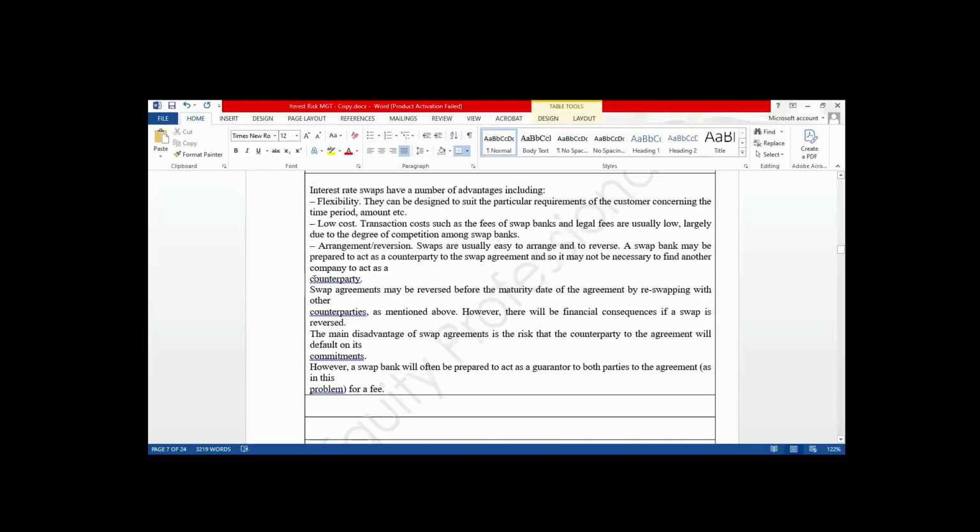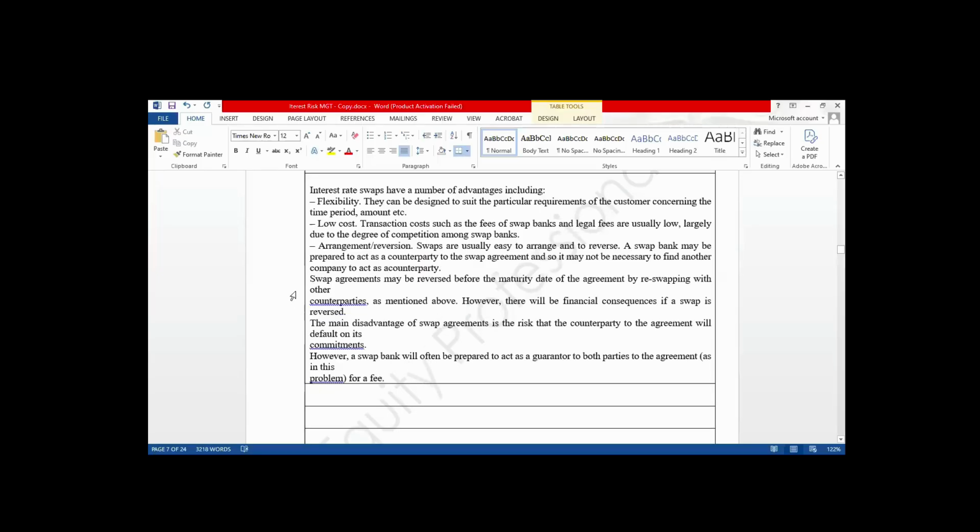A bank can act as the other party. The swap agreement may also be reversed before the maturity date by reswapping with another counterparty, so there's opportunity for reswapping.